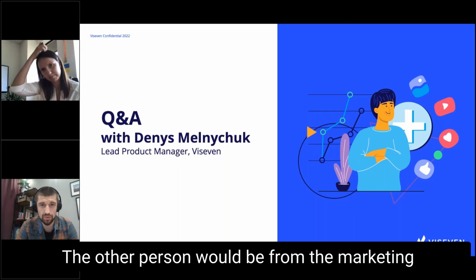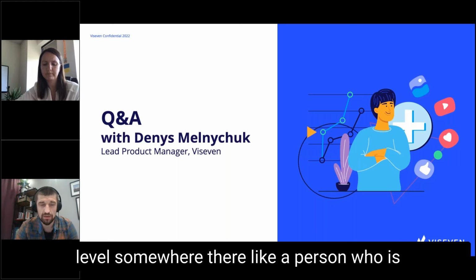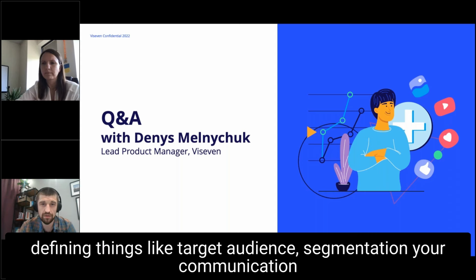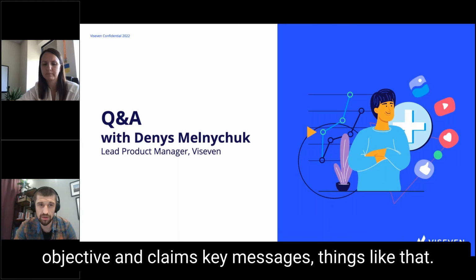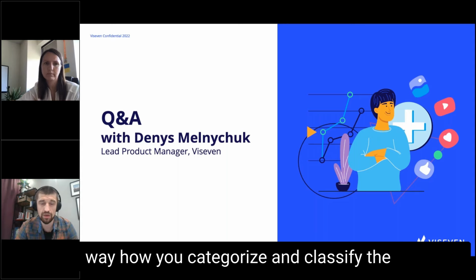The other person would be from marketing or even some sort of multi-channel excellence level, a person who is defining things like target audience segmentation, your communication objective and claims, key messages, things like that, because they will definitely influence the way you categorize and classify the stuff that you already have.